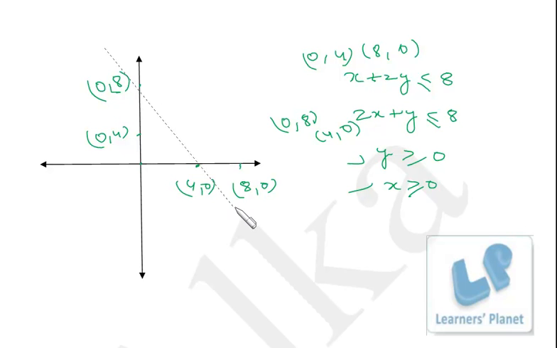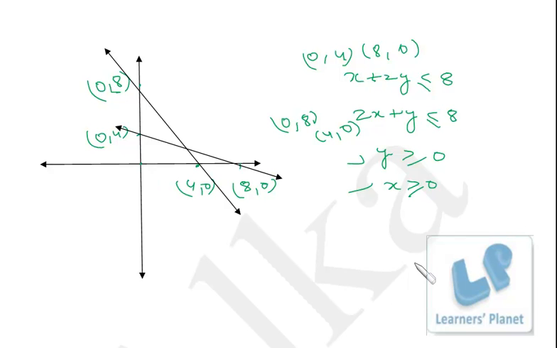So this is the line passing through (0, 8) and (4, 0), and the other line is passing through (0, 4) and (8, 0), that is this. Now first of all I mark x plus 2y less than 8. The equal to 8 line I already know, so I just mark less than 8.